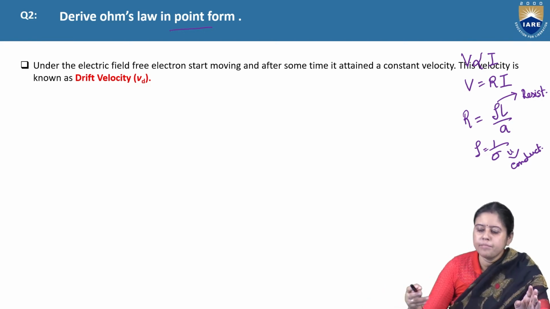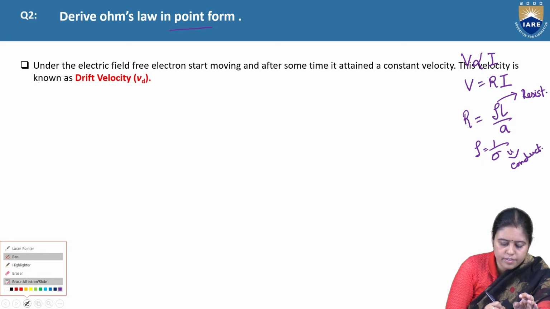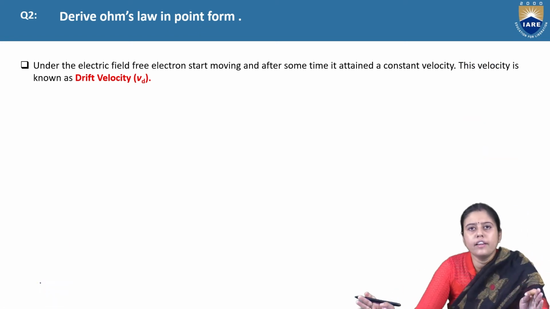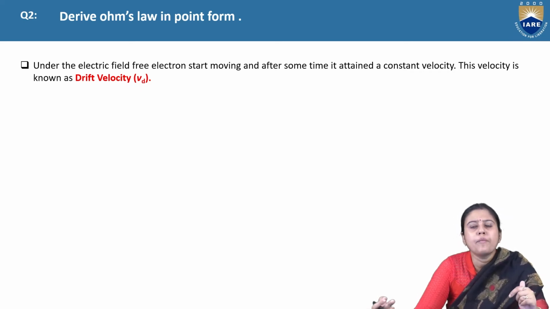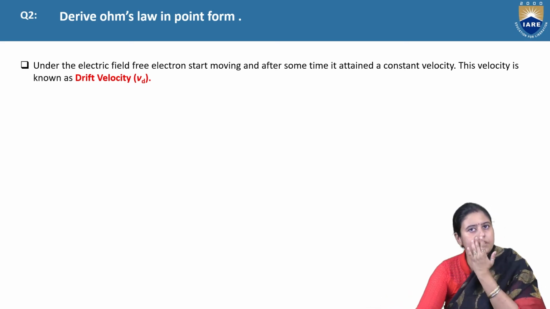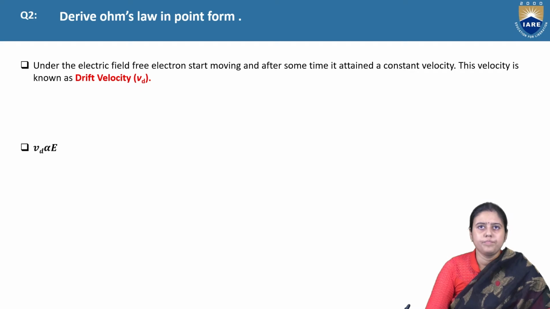When we connect a potential or voltage battery to this conductor, an electric field is set up, and while we are giving the potential, the free electrons start moving, and after some time they attain a constant velocity. This velocity is known as the drift velocity.